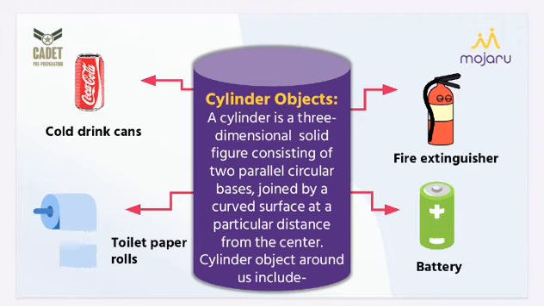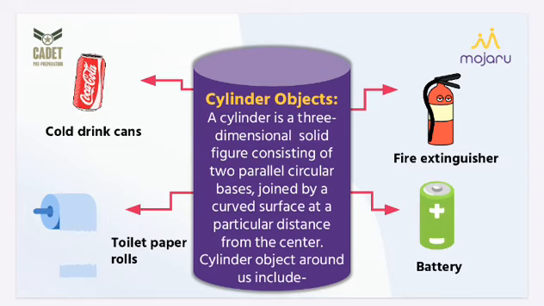Now let's come to cylinder objects. What are cylinder objects? In this shape, 2 faces are enclosed by 2 circles, and the other is the side. The cylinder is a 3-dimensional solid figure consisting of 2 parallel circular bases joined by a curved surface at a particular distance from the center.